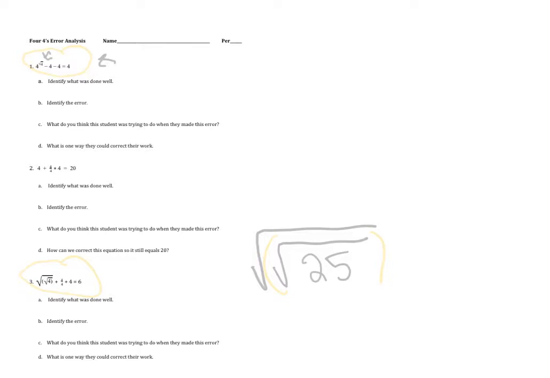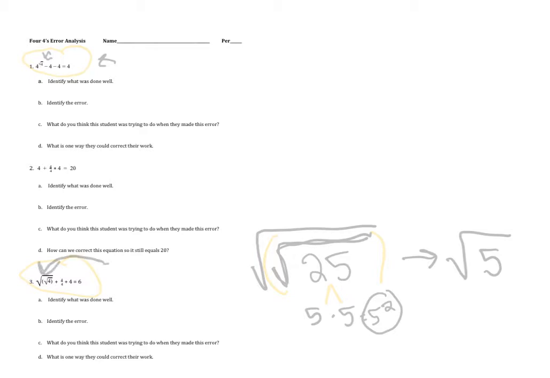We did our prime factorization, and we know that 25 is 5 times 5, or 5 squared. So since square roots undo square exponents, we can rewrite this as the square root of 5. Now things get tricky here, as they will in this problem.